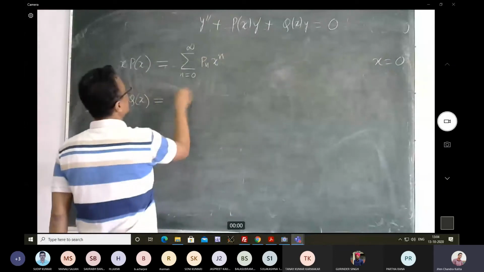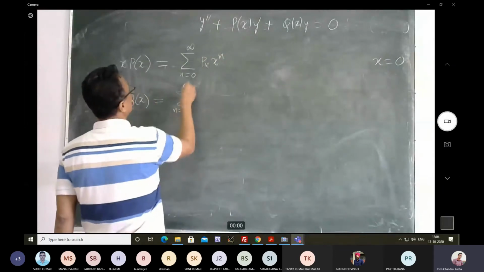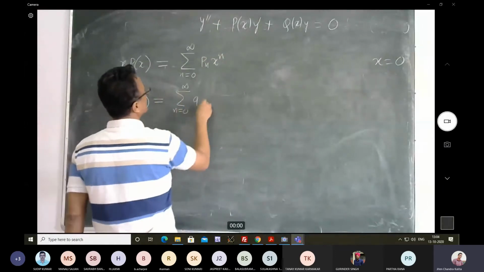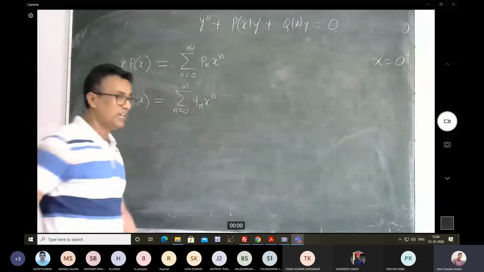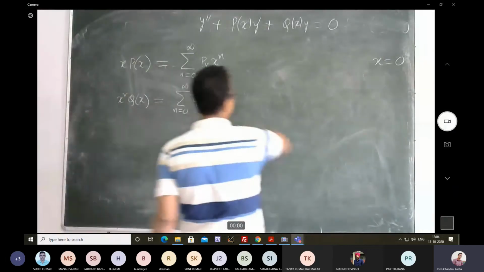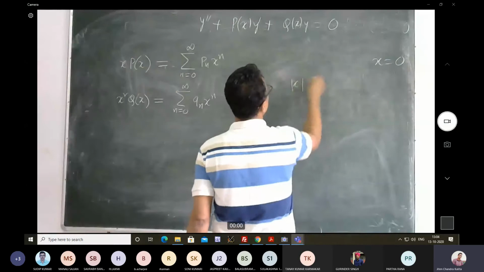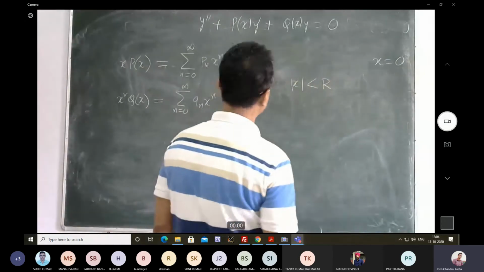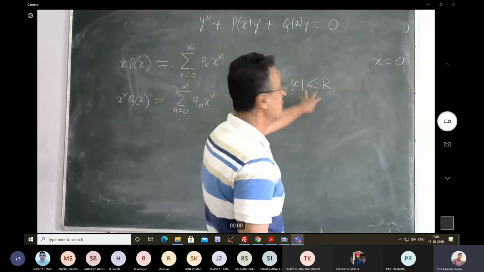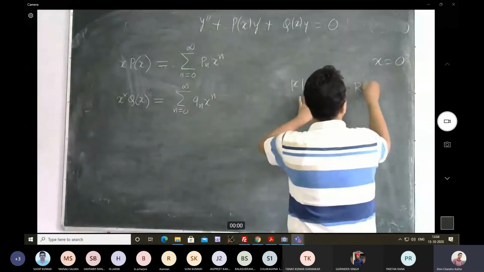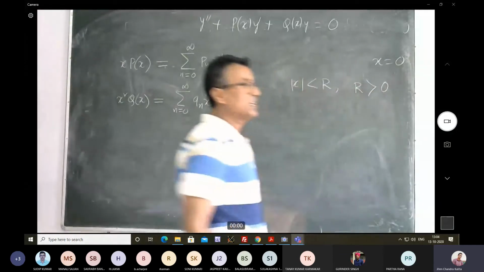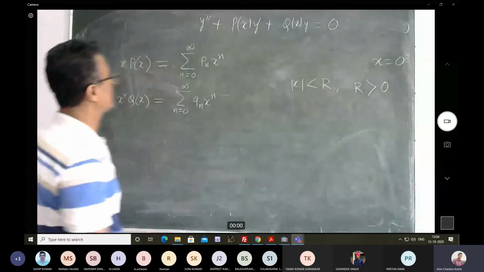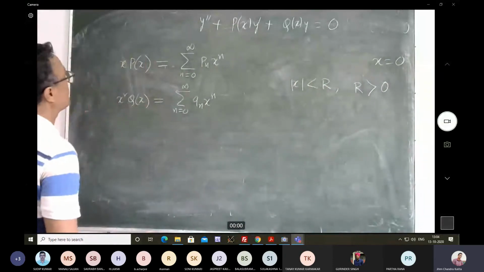And similarly, I have a series of this form, the sum of u_n x to the power n, and of course I can assume that they are convergent in this interval, and I am assuming that capital R is greater than 0.